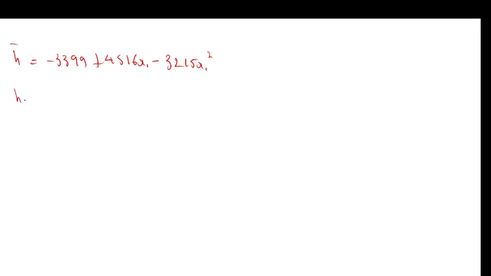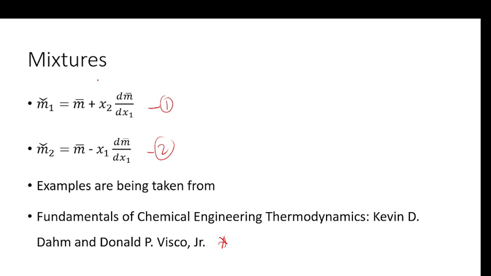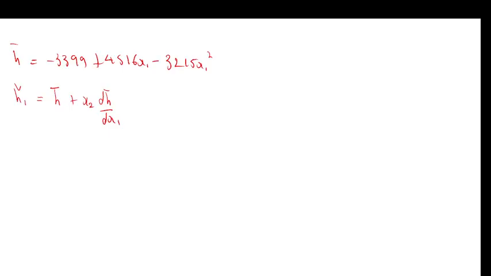And we said that to find the partial molar enthalpy for species 1, it's going to be h bar plus x2 dh/dx1, and I'm taking this from equation 1. Here M is going to be h. Remember, M stands for any property at all, be it enthalpy, volume, internal energy, anything at all. Since we're looking at enthalpy, h1 is going to be h bar plus x2 dh/dx1. So that's what we are going to use.